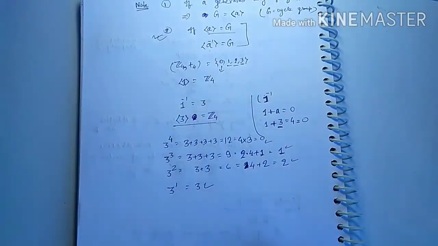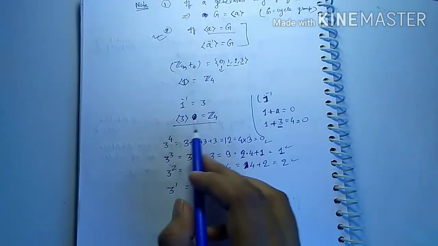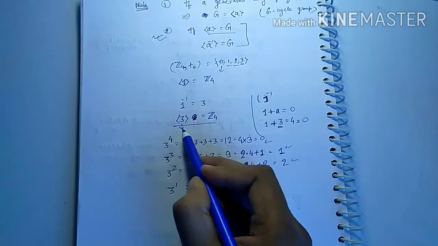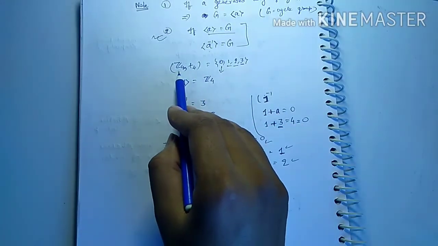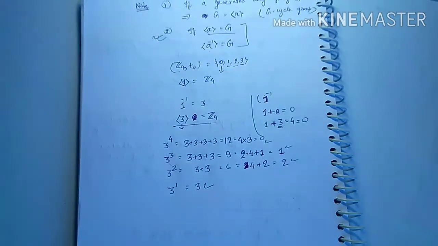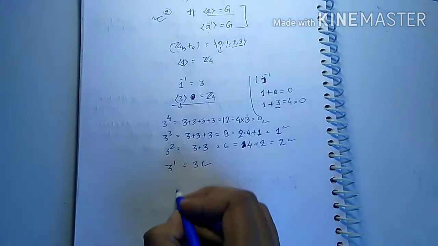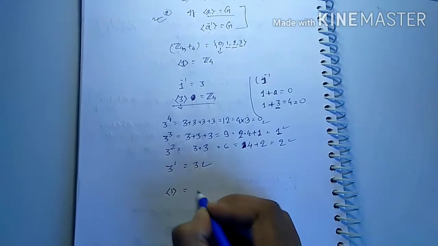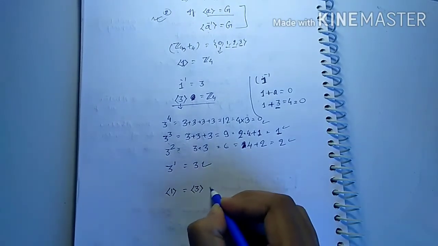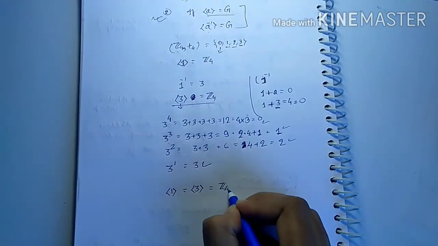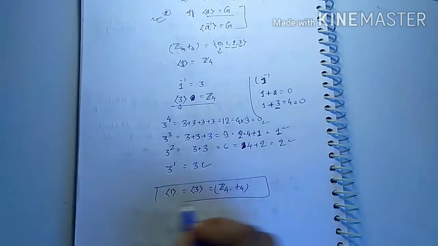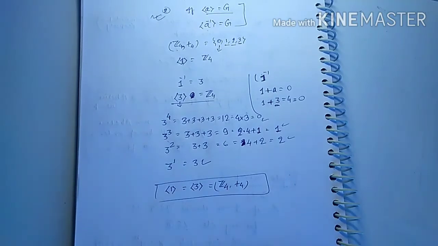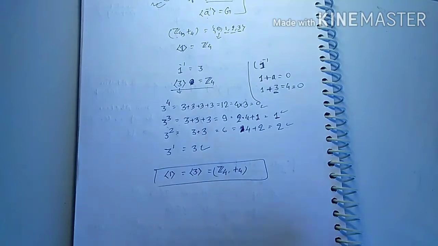So all the elements of this group are also generated by the element 3. So 1 and 3 are two generators of this cyclic group Z4 with respect to addition modulo 4. 1 and 3 both generate this group. So this is for the cyclic group.